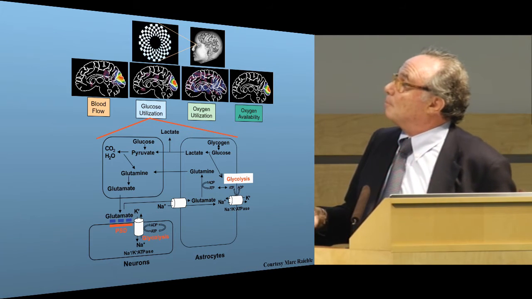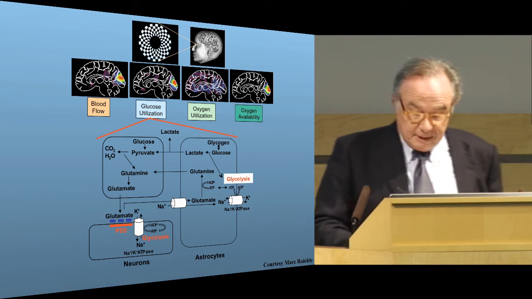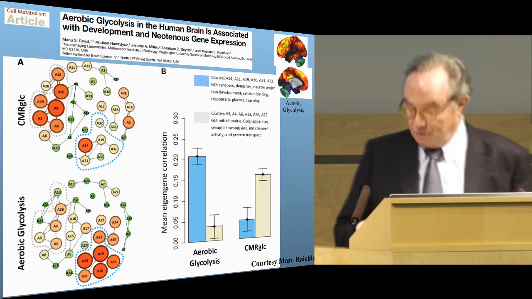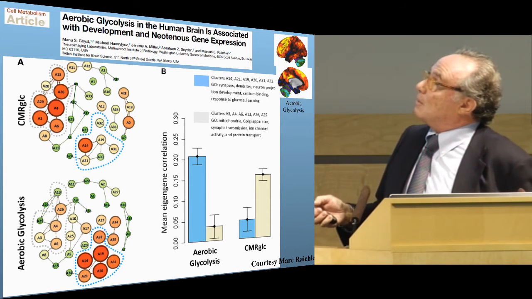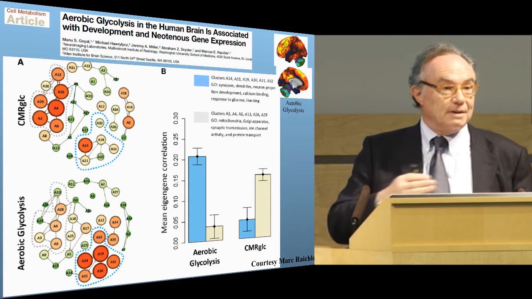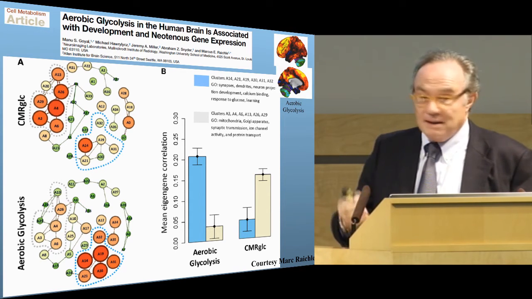is widely used now. But more recently, what Mark has shown, and it was mentioned by Mike Gazzaniga yesterday, is that this aerobic glycolysis is actually present also in certain brain areas, even at rest, under baseline.